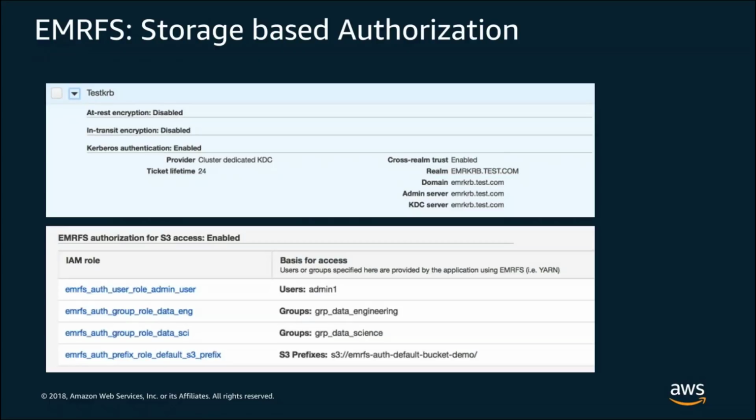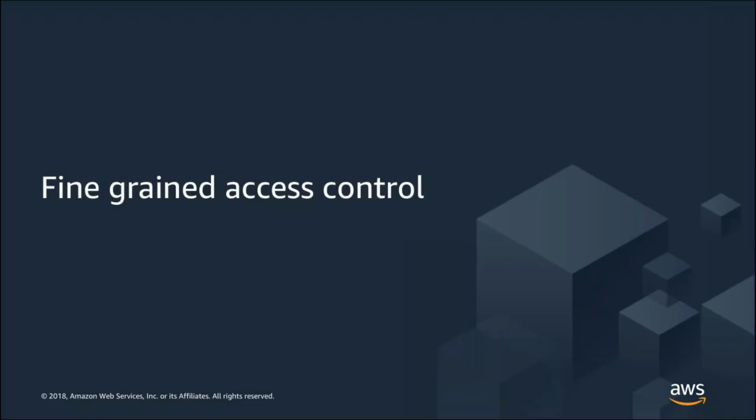And this EMRFS authorization can be easily configured using the security configuration component of the EMR management console. So here is a snapshot of how it looks once you set up Kerberos and EMRFS authorization from the EMR console. It can also be configured using CLI or SDK.